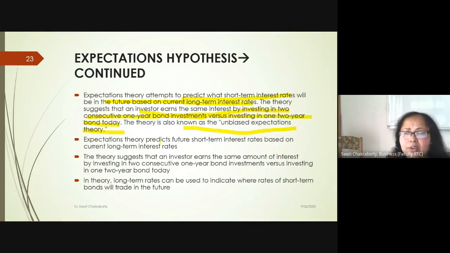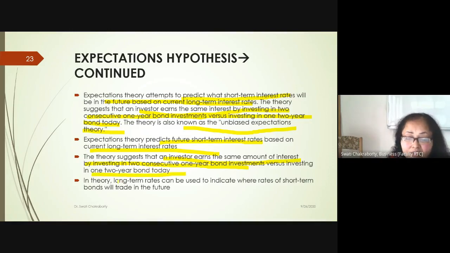Now, expectation theory predicts the future short-term interest rates based on the current long-term interest rates, as we said. And it suggests that an investor earns the same amount of interest by investing in two consecutive one-year bond investments versus investing in one two-year bond today, right?